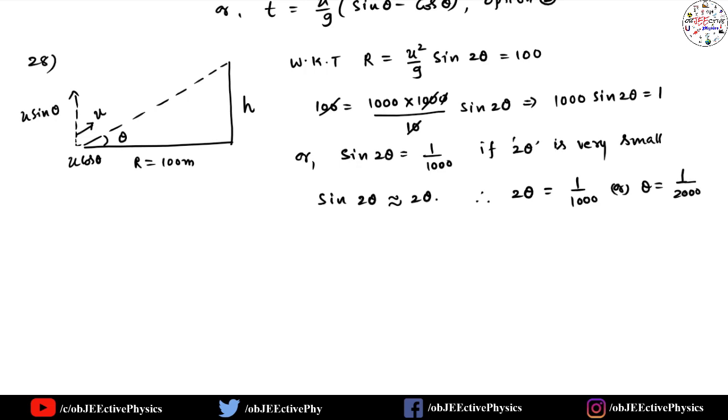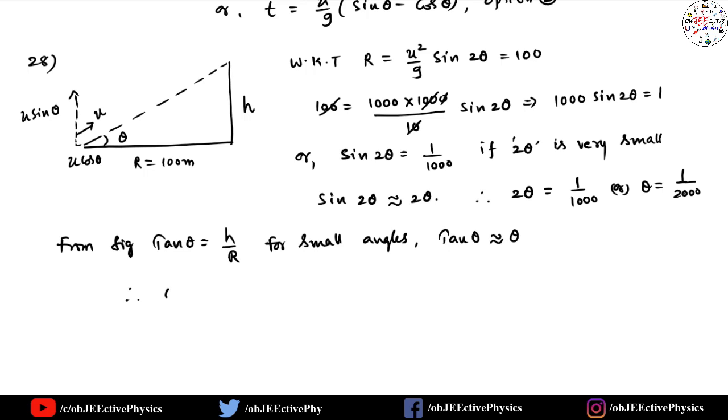So in the diagram, from the figure, tan theta is equal to h divided by r. For small angles, we know that tan theta is approximately equal to theta. Therefore, theta is equal to h by r, or h is equal to r into theta. That is, r is given 100, theta is 1 divided by 2000.